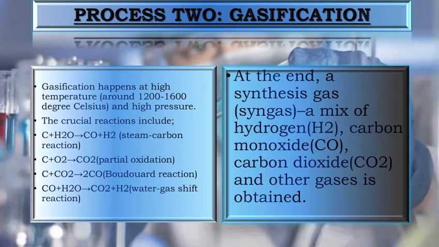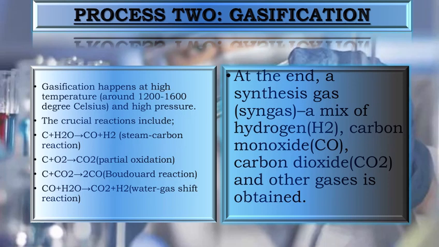Process 2: gasification. Now to the core of the transformation, gasification. At extremely high temperatures, usually between 1200 to 1600 degrees Celsius, pet coke reacts with steam and oxygen. These are the key reactions that occur. Carbon reacts with steam to form carbon monoxide and hydrogen.